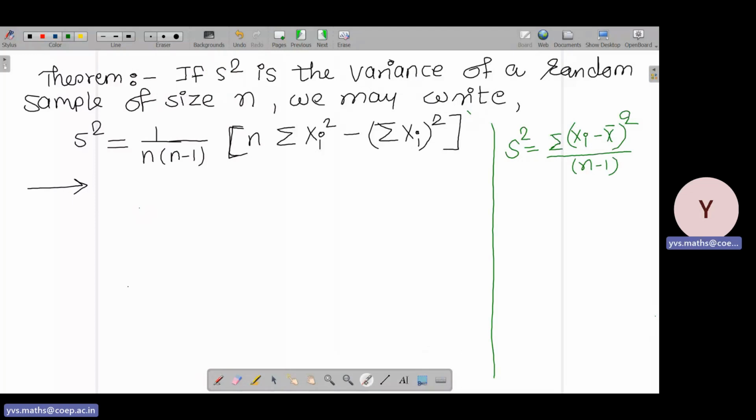Now this definition differs just in the denominator from population variance, because in the definition of population variance we have n, but in sample variance we have n minus 1. This is because we are trying to get the unbiased estimator of the population parameter sigma square. What is meant by an unbiased estimator?